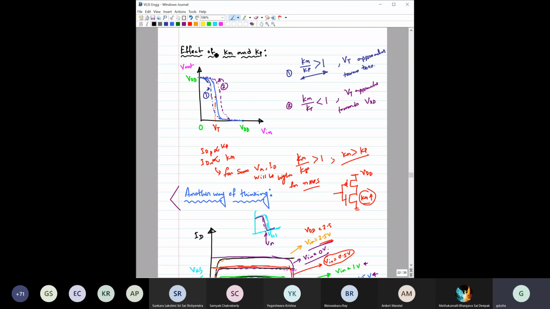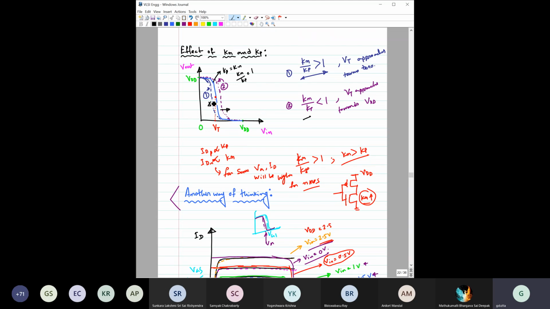We have also seen the effect of Kp and Kn. If this is the VTC for Kn by Kp equal to 1, then if we increase it, the VTC shifts towards the left. And when Kn by Kp is less than 1, the VTC shifts in the other direction.